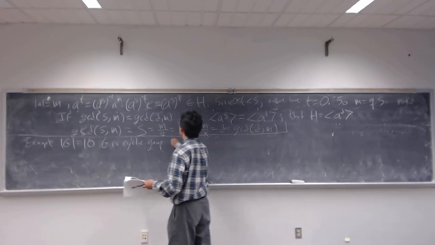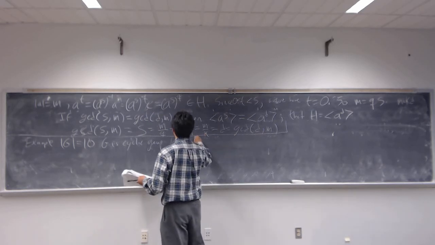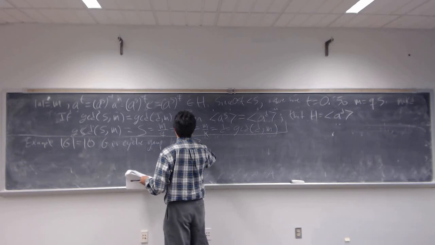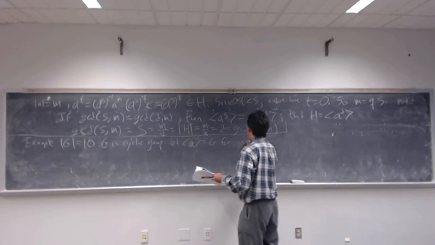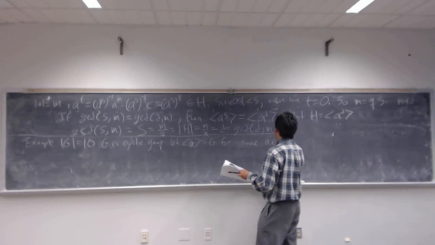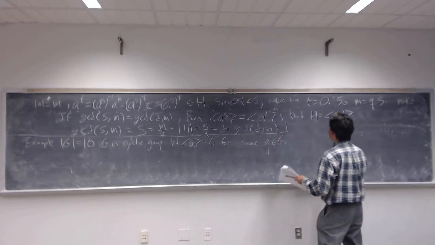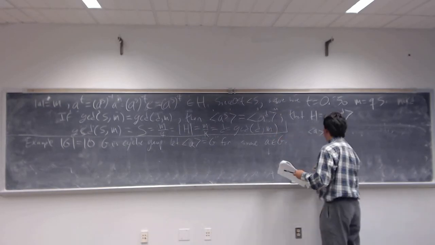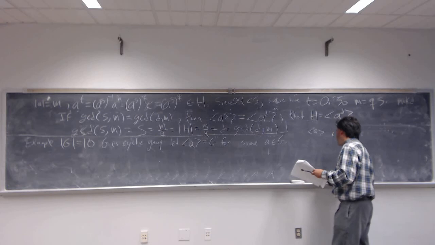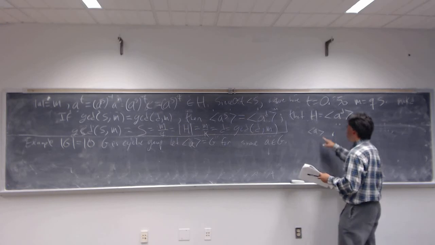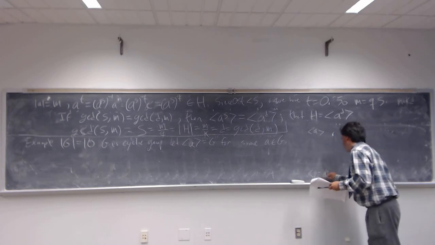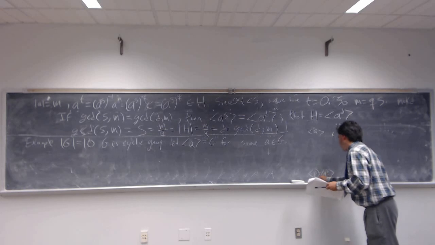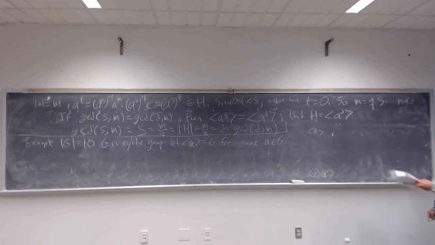Let's call it A. So at the top we have A, and at the bottom we have the identity E, since if there are 10 elements, A to the 10th is the subgroup generated by the identity.